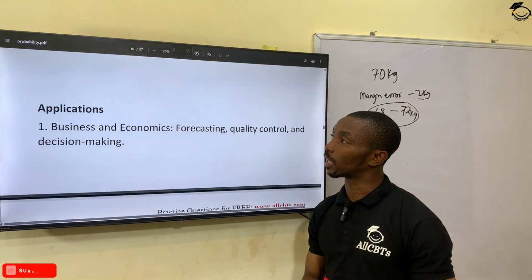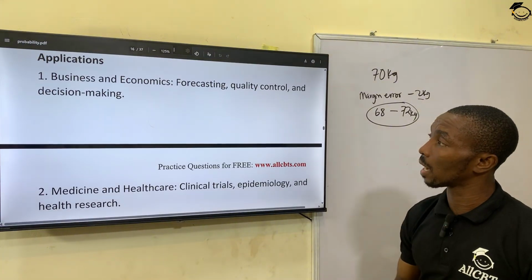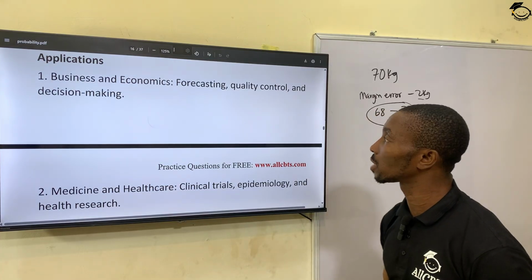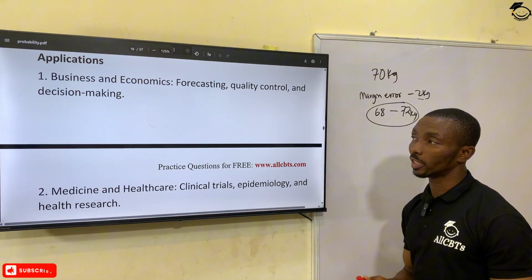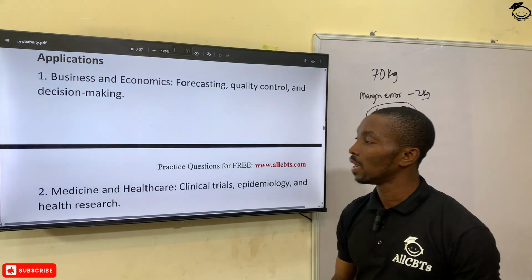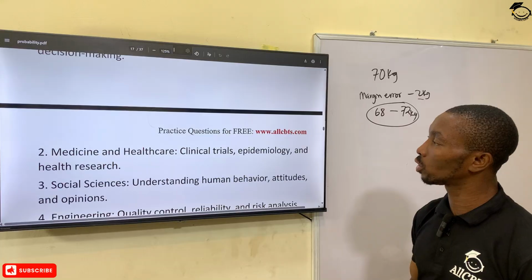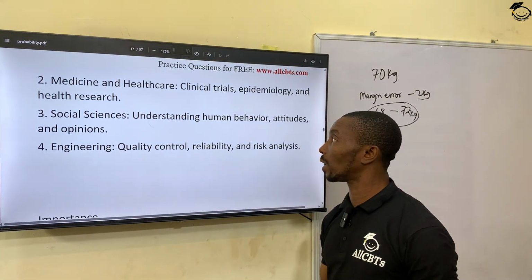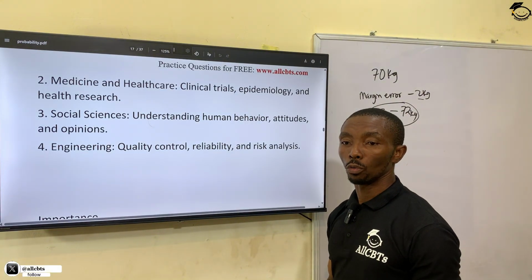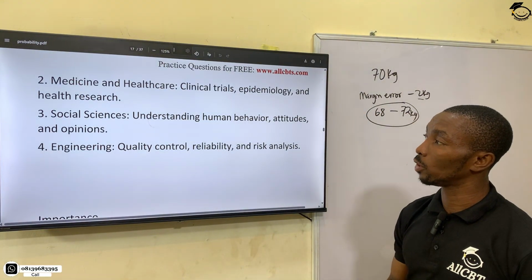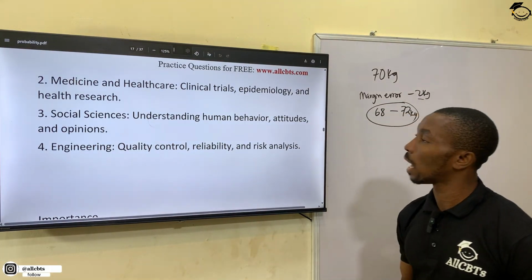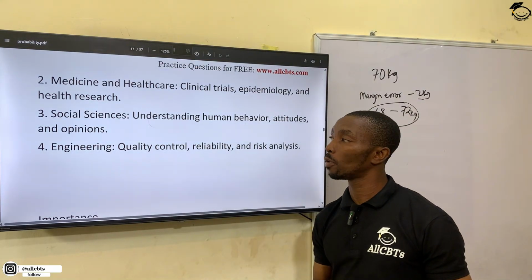Now, we're looking at the applications of statistics and probability. One, it can be used in business and economics for forecasting, quality control, and decision making. Two, it can be used in medicine and healthcare for clinical trials, epidemiology, and health research. Three, it can be used in the social sciences for understanding human behaviors, attitudes, and the opinions of people.